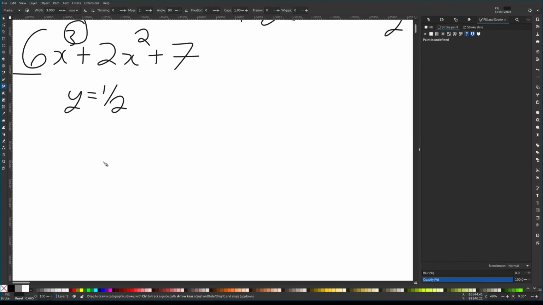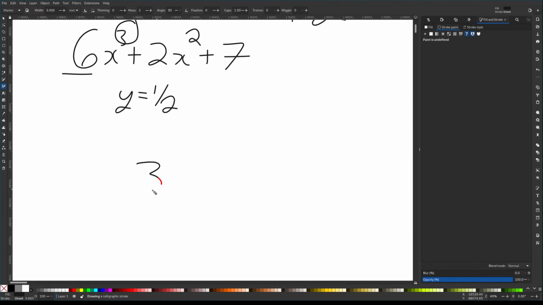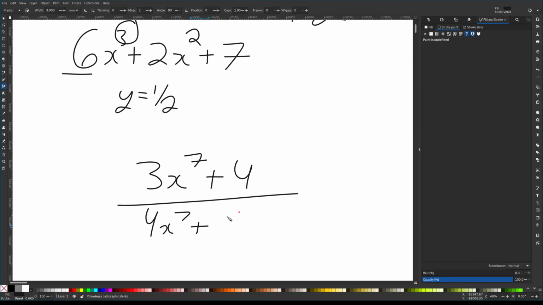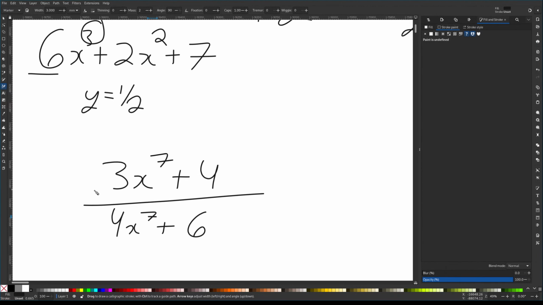Okay, let's do another example. Okay, these are equal degrees, 7 and 7, so we can divide straight across. So y equals 3 divided by 4. Straight across being these numbers.